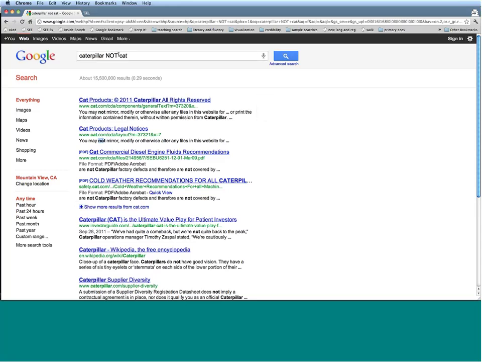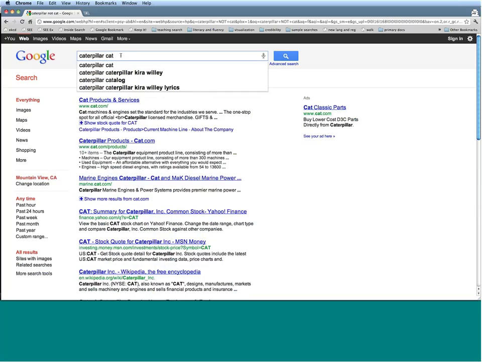So if you type in the word not, even if you type it in fully in capital letters, Google will interpret this as caterpillar and not and cat. So now, not only are you getting pages that have the word you want and the word you don't want, but also the word not as well, which occurs on a lot of pages but can really mess up your results.